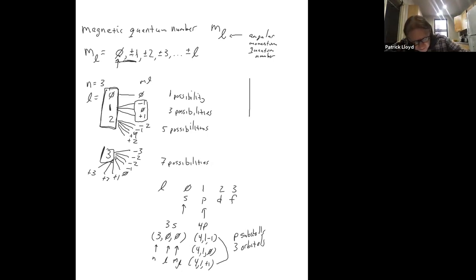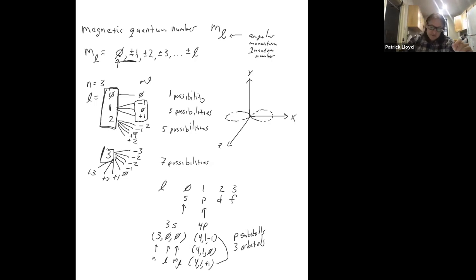Since we're talking about 3-dimensional space, let's do it this way. Let's do x there, y there, and z there. Okay. Essentially what you can get is you can get an orbital that looks something like this. Okay. So there's a p orbital, right?